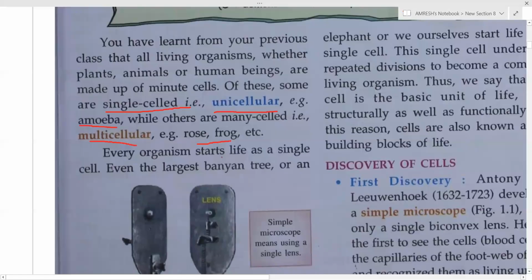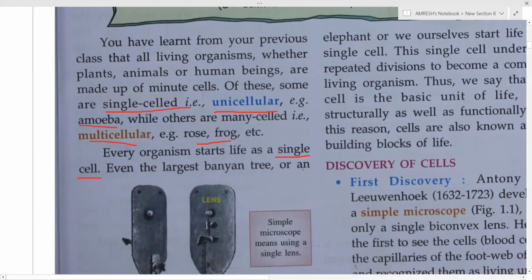So every organism's life starts as a single cell. How a single cell multiplies, how cell division takes place and we become an organism, that we will study in higher classes. It is not required at this level.